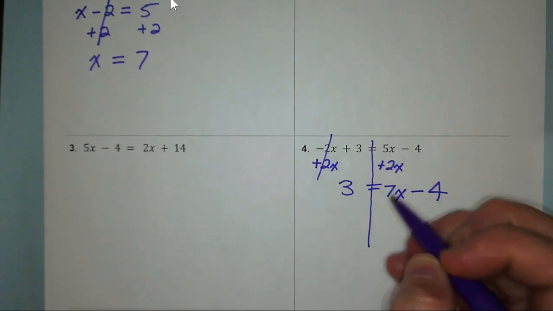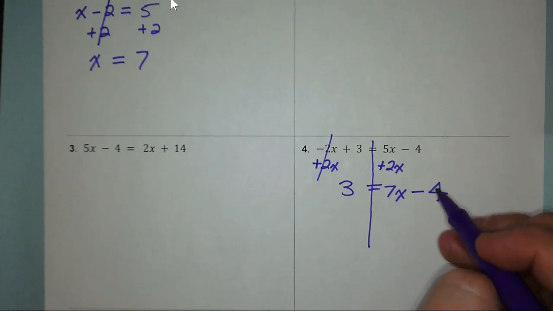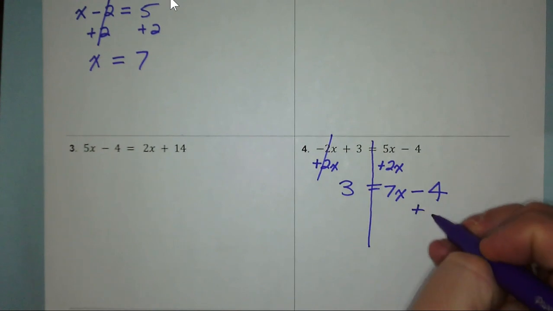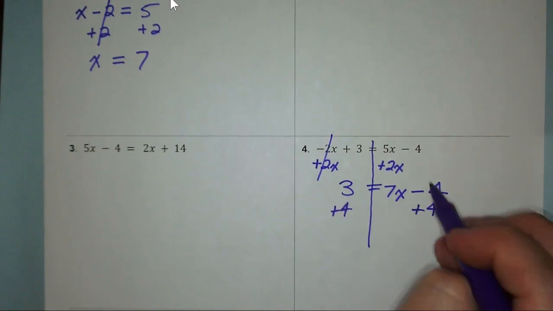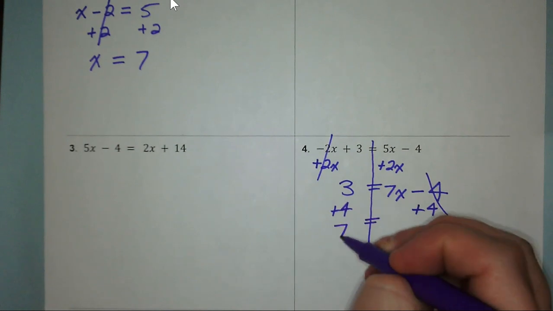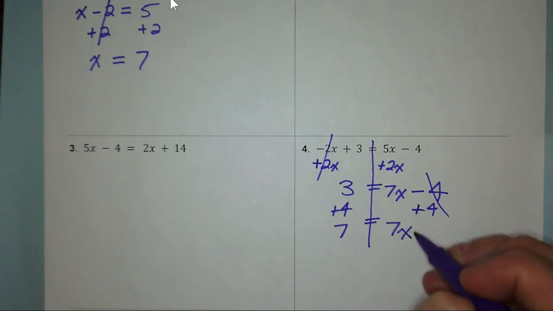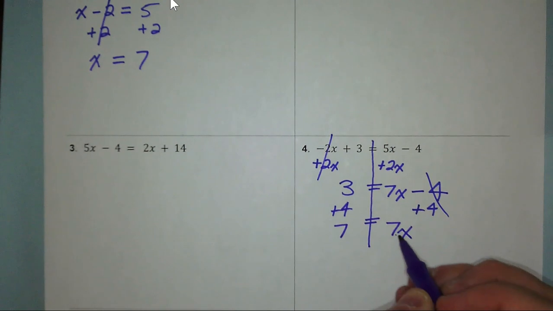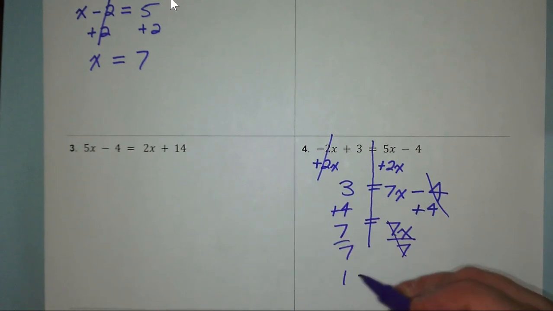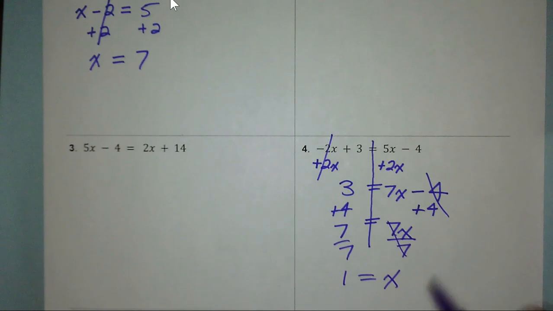Actually, no. What you want to do is get rid of this completely separate term first. So what we want to do is add 4 to both sides to get that out of there. So on the left side we'll have a 7, and on the right side we'll have a 7x. Now we divide by 7. So the final answer is 1 equals x, or x equals 1.